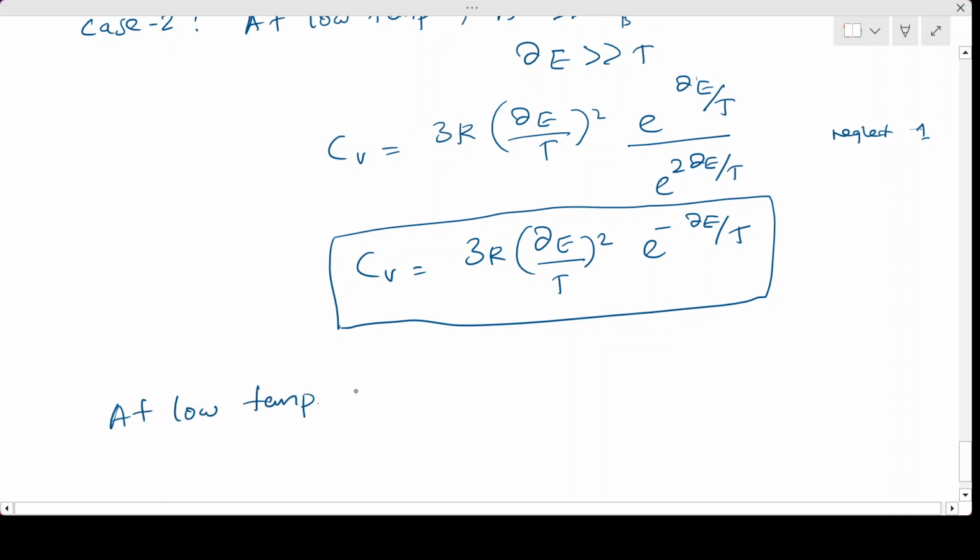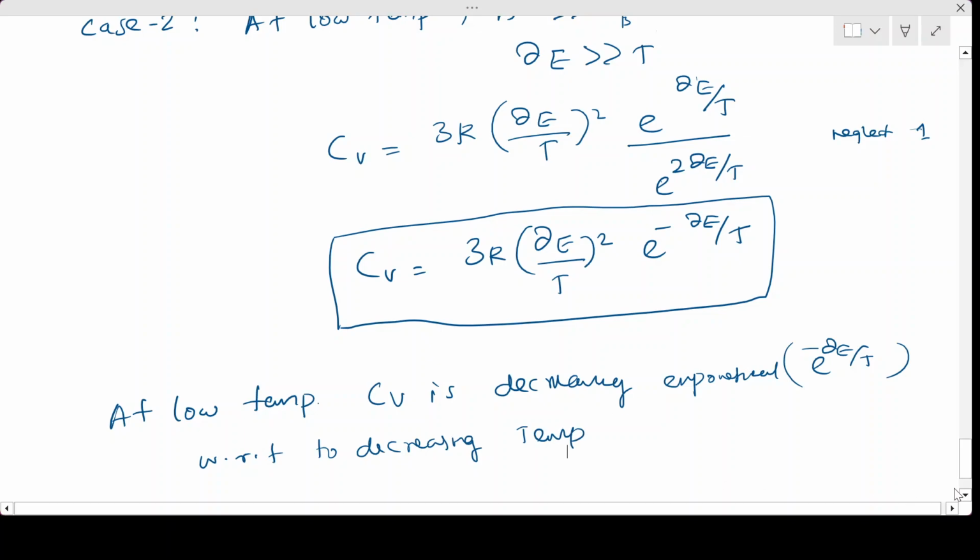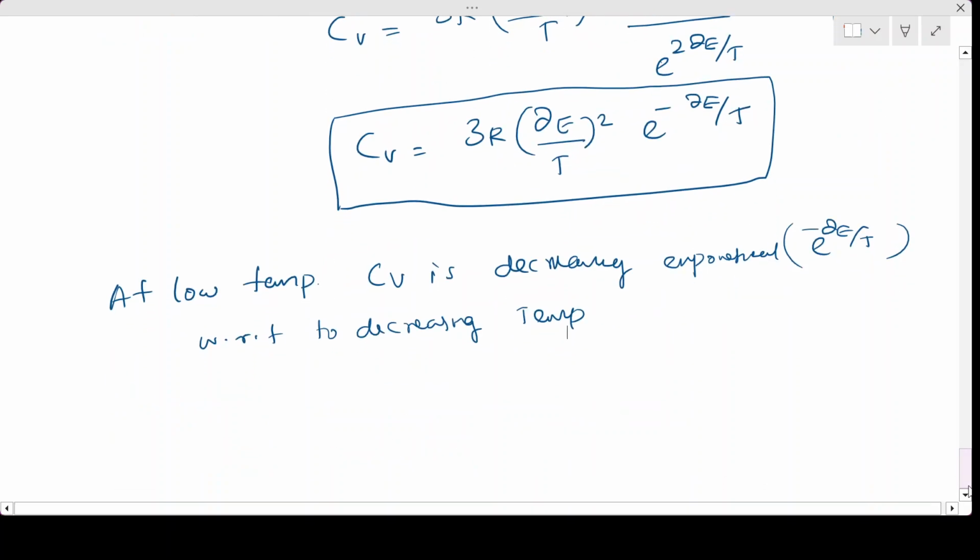At low temperature the Cv decreases exponentially, like e raised to minus θE/T, with respect to decreasing temperature. As the temperature goes down, the Cv also goes down.